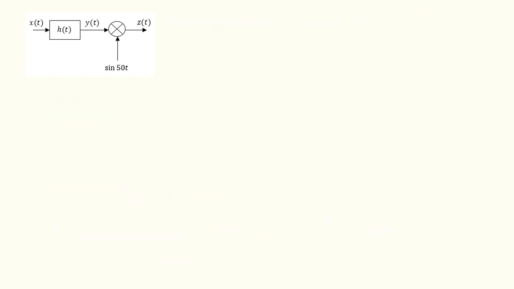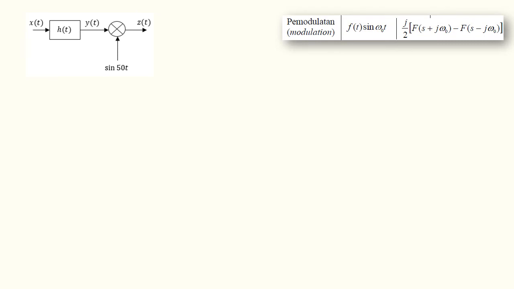Okay, from the third question just now, we haven't solved the zs. So let's look at zt equal to yt multiplied with sine 50t. So again, refer to the table. You'll notice that modulation process.